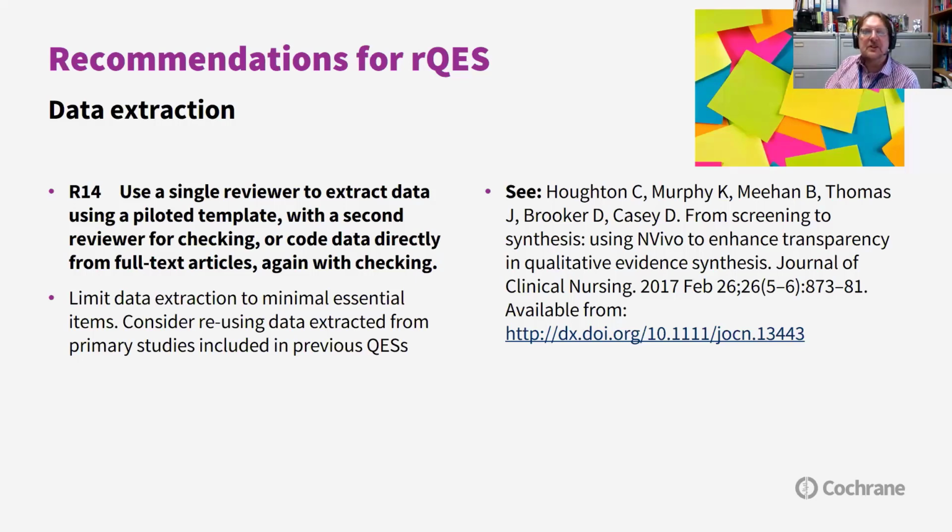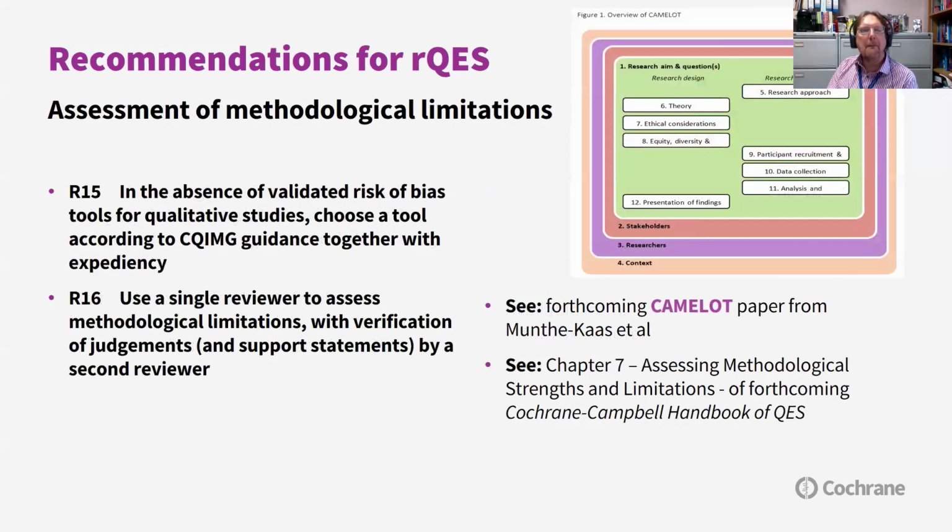For those of you who are interested in alternatives to data extraction, so recognizing that some people will not physically extract data, but will code data, then Catherine Houghton and colleagues have written an excellent article on using NVivo for that part of the process.